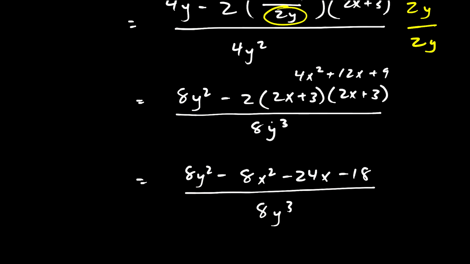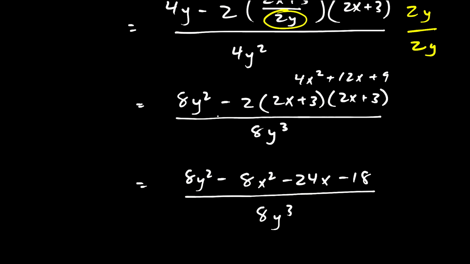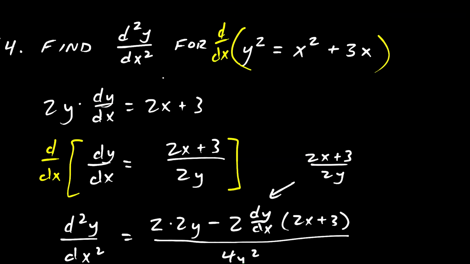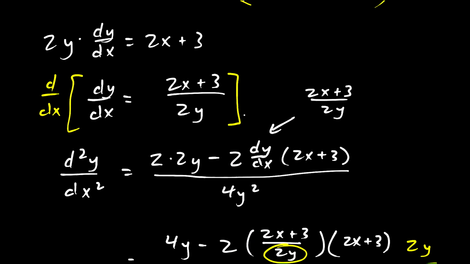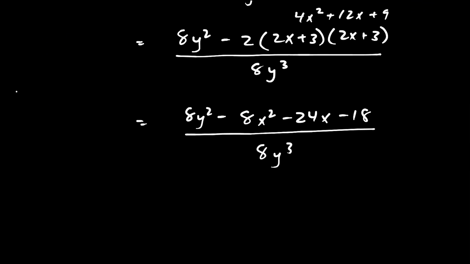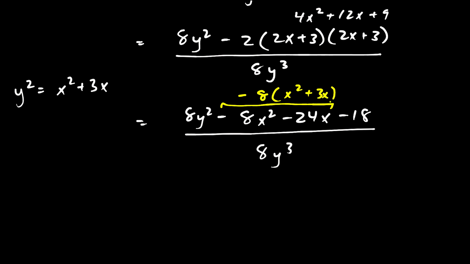Now we could be done, but if we went back to the very beginning and took a look at this function, it was y squared equals x squared plus 3x. Let's write that down. We knew that y squared equals x squared plus 3x. It's actually hidden in here. So you'll notice with these two terms right here, if you factor out the negative 8, we'd have x squared plus 3x.